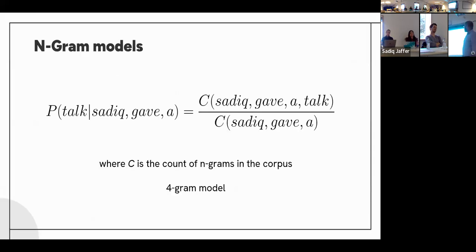Right? So, very basic ones are n-gram models. These are where we take a moving window of tokens, and we predict the next token based on the tokens that preceded. So we go through the corpus, and if we've got a trigram model, we count all the occurrences of that trigram, and then we also count all the occurrences of the bigram, the two tokens at the start of that.